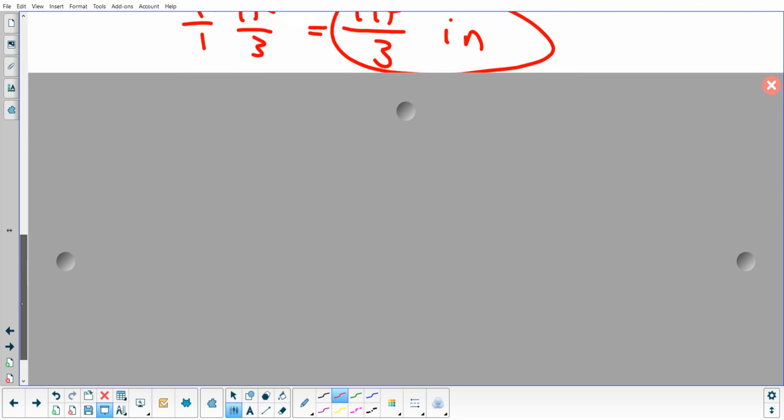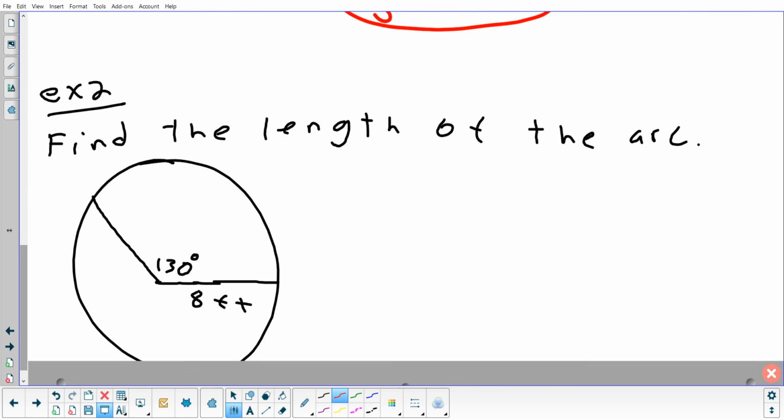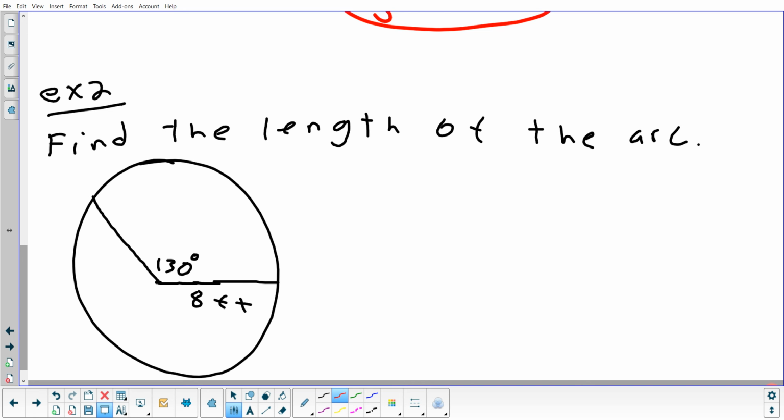All right, let's try another one of those. This time, a little bit different the way I'm going to give you the problem. It's a diagram. And we've labeled an angle of 130 degrees and a radius of 8 feet.